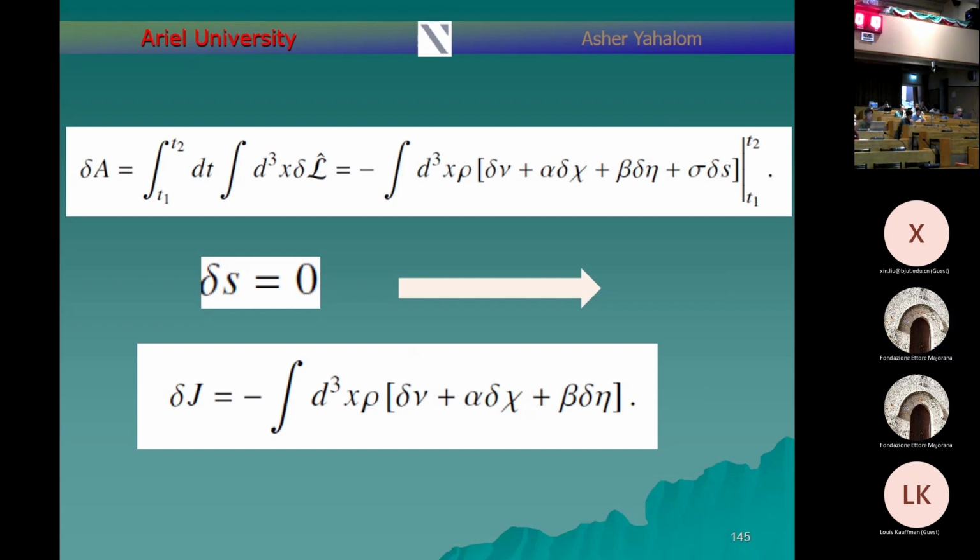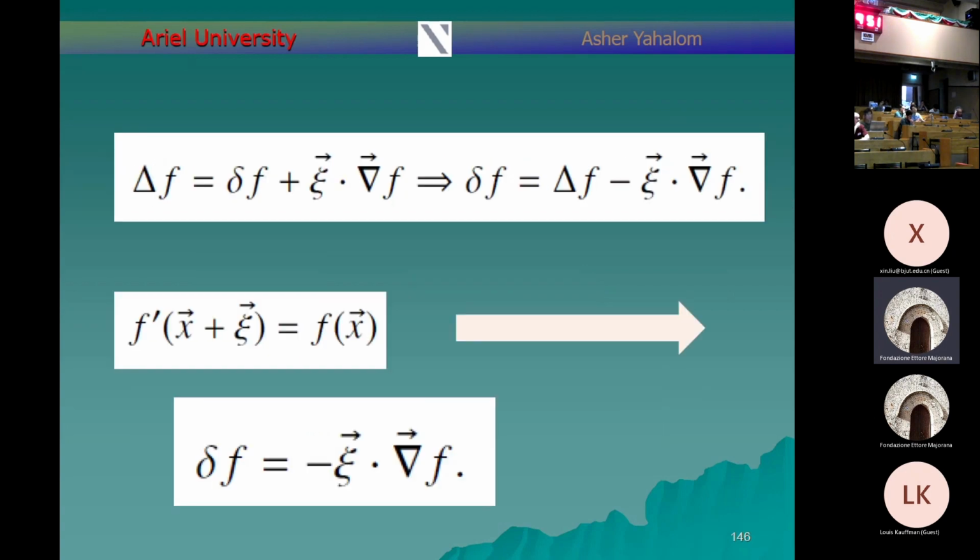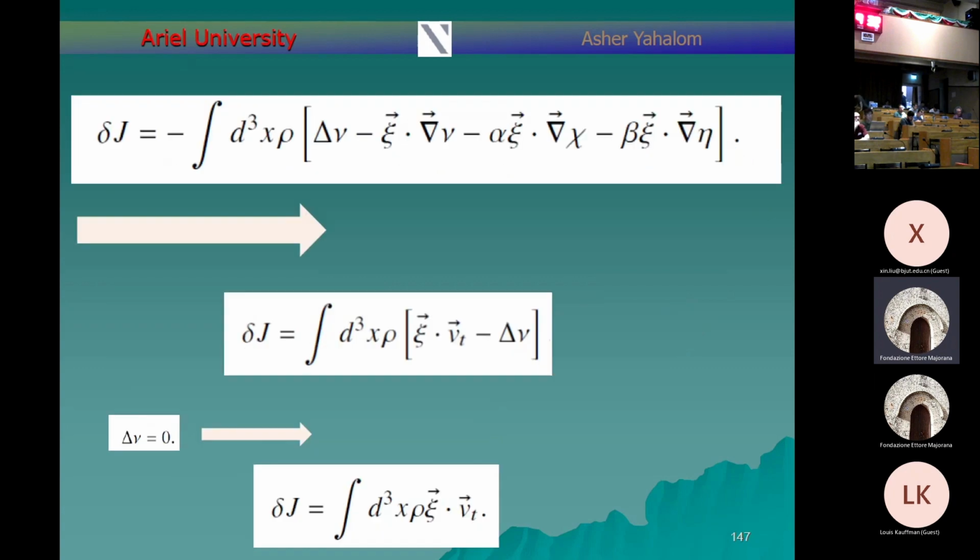associated with it. Okay? If you take delta S equals 0, in a symmetry that conserves the entropy surfaces, you get something like this. If you notice that chi and eta are labels, it means that the variation of chi or eta is minus psi grad chi, or minus psi grad eta.